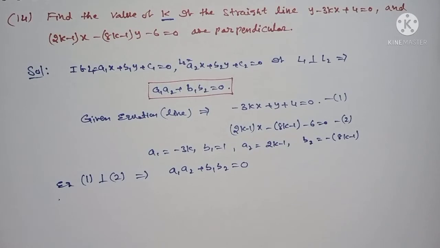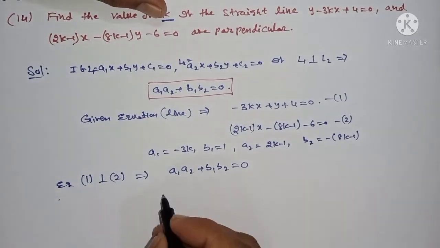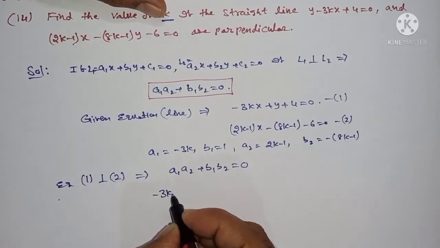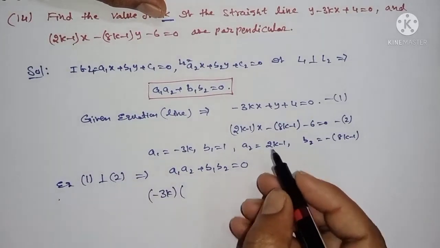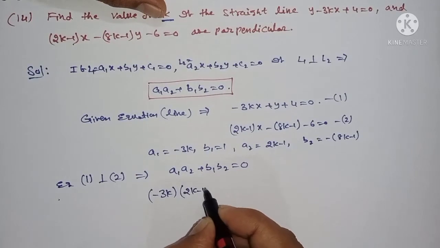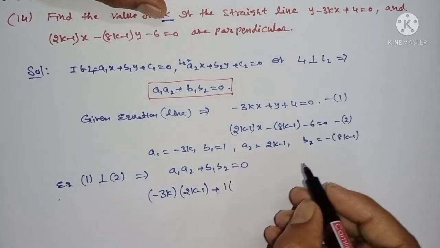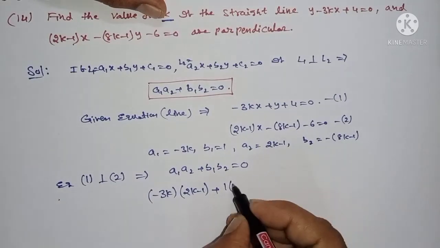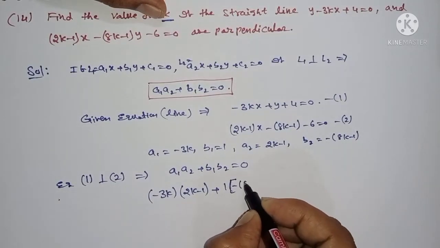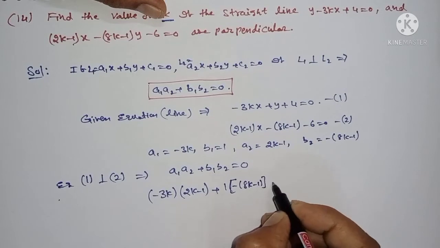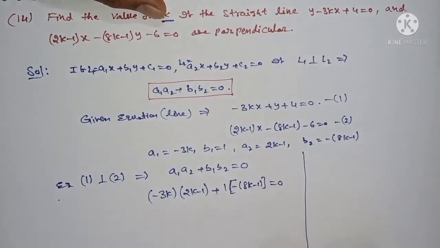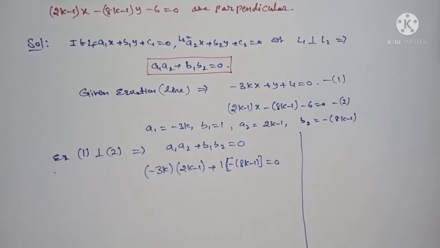You can find the k value here. Therefore a1 is minus 3k, into a2, which is 2k minus 1. Clear? And b1 is 1 into b2, which is minus of 8k minus 1, is equal to 0. I am substituting into the formula only.